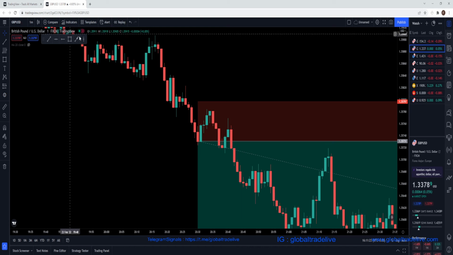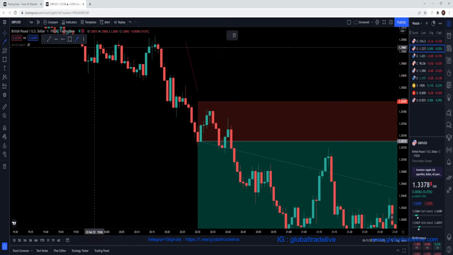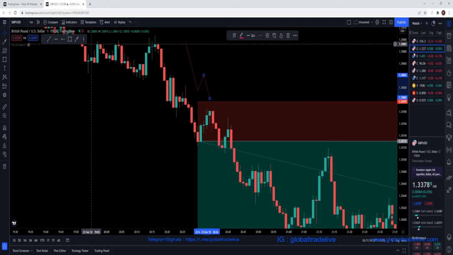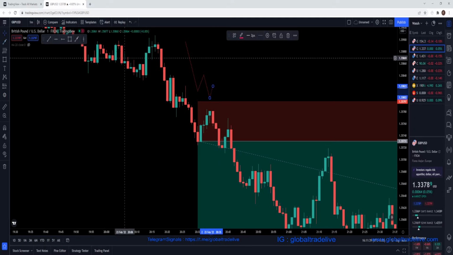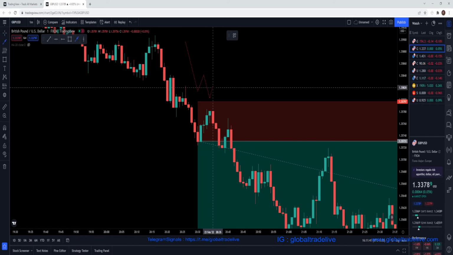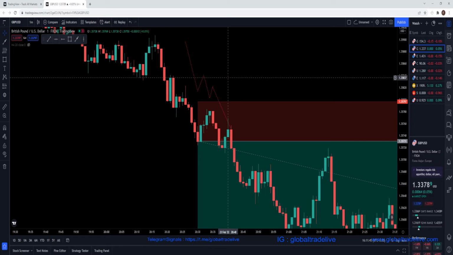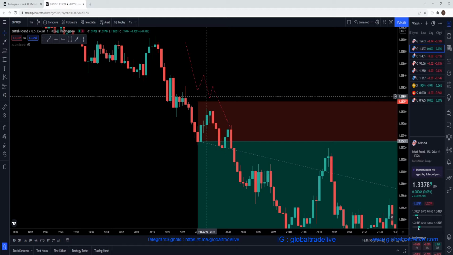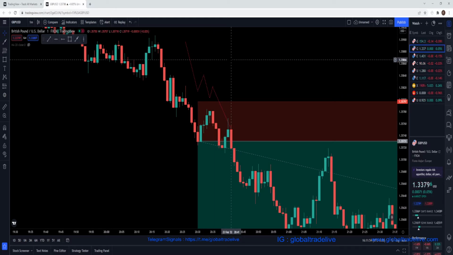Basically the market came down, it went up, then it went down again, created another low, and then it went up like this. It consolidated for a little while and then it went down. This market structure over here is the replica of this one. So we need to find a low which will give us our POI.